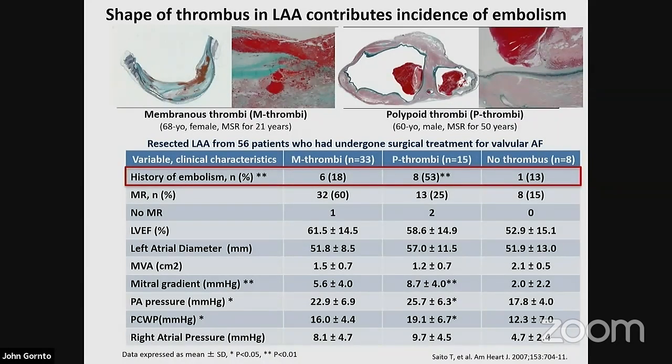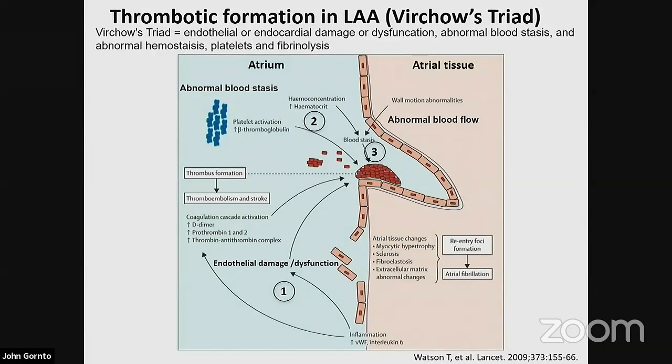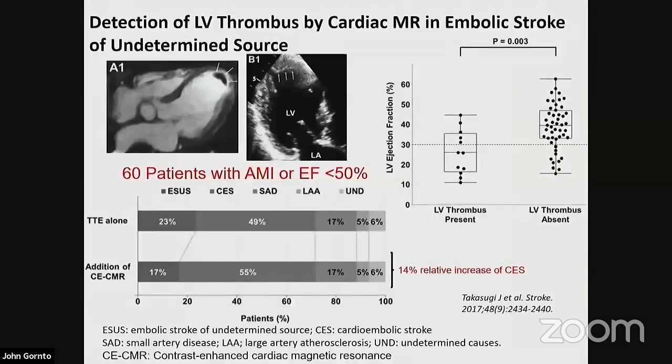And of course, there are some other differences. The larger the atrium, the more likely you will get polypoid thrombus. The blood factors also make a difference. Erosion of the surface, loss of endothelium, and stasis all make a difference in forming the thrombus. And then last of all, in the left ventricle, what's the best way to identify thrombus?